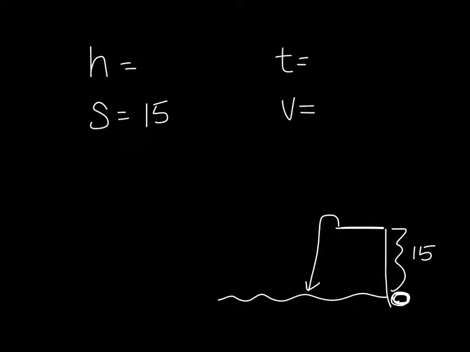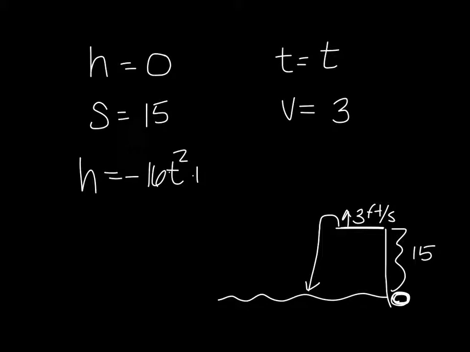The question is, when do you hit the water? So the ending height is 0. The initial upward velocity of 3 feet per second means that your initial velocity is a positive 3. And we're trying to find time, so we leave that as a variable. You first want to identify these things before you even start. Then we plug it into our formula: h equals negative 16t squared plus vt plus s.